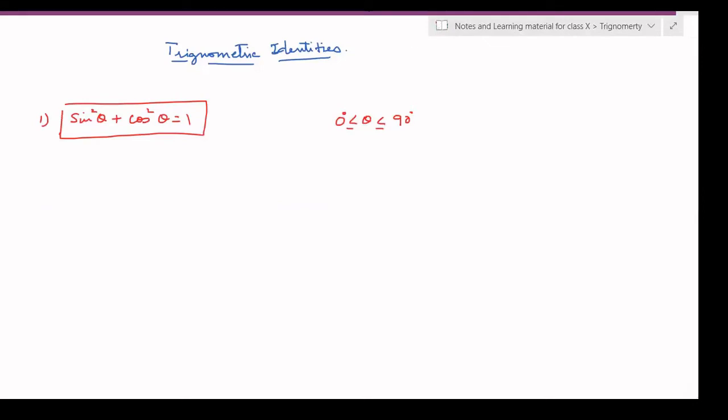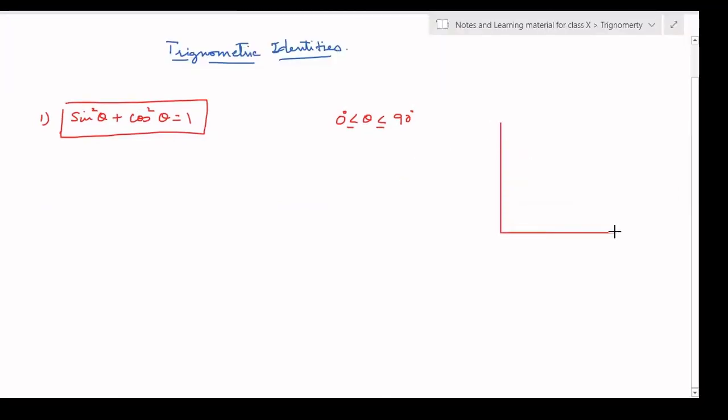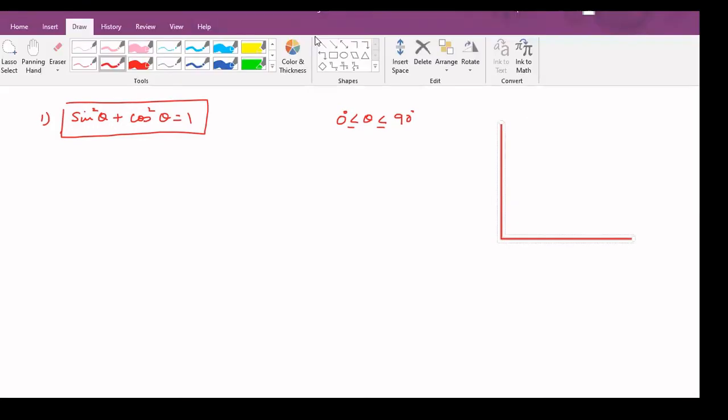Now suppose I have a right angle triangle formed for myself. This is my right angle triangle.